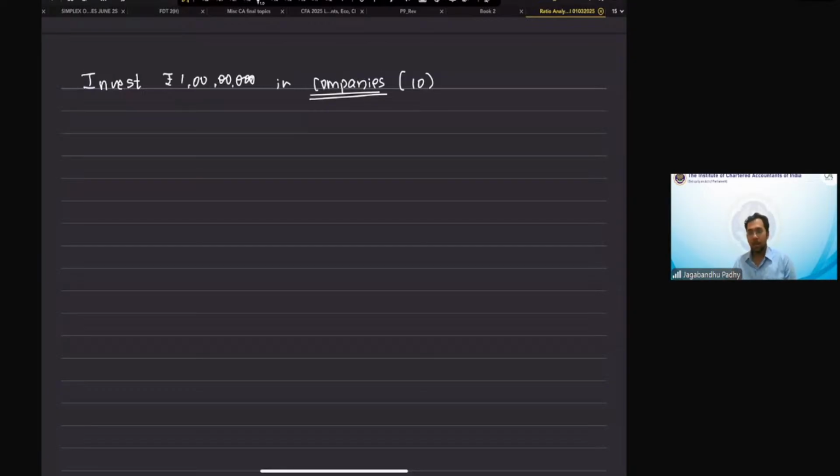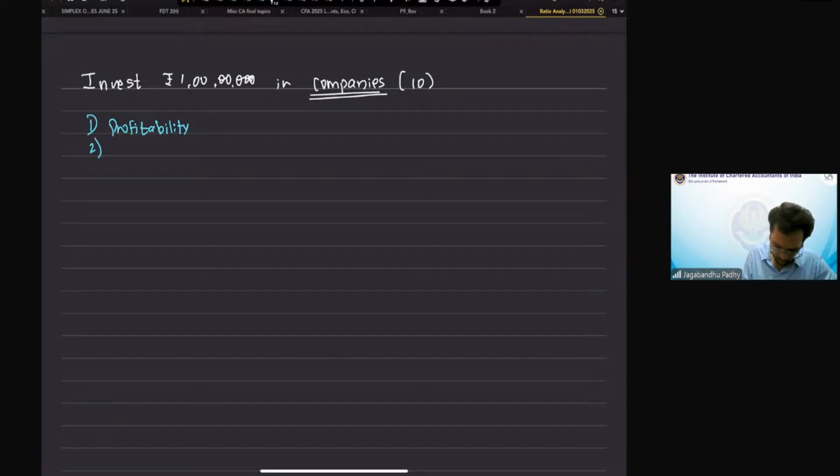Any other numbers or any other ways of deciding which company is to be chosen? Based on the profitability, okay. So the parameters that I can make out are that you look at the profitability. Then any other criteria? Segment performance.